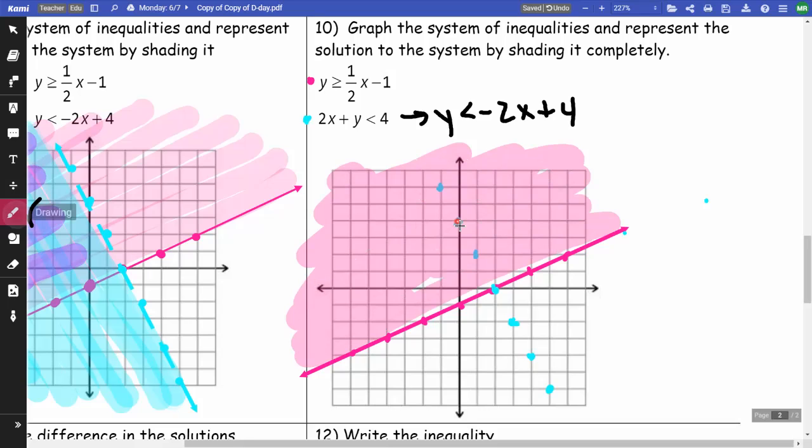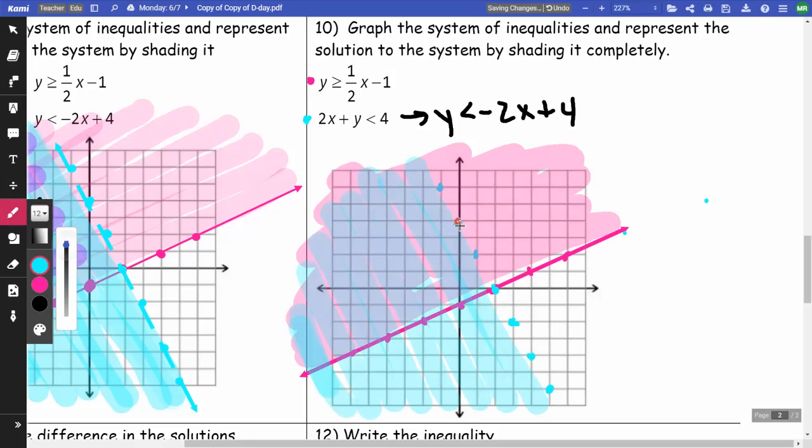This one I'm shading less than, so I'm going to shade below. And you can see that my answer is where the 2 colors are. Again, it was the exact same graph as the last one. It just was set up in a different form at first. So this is going to be our answer.